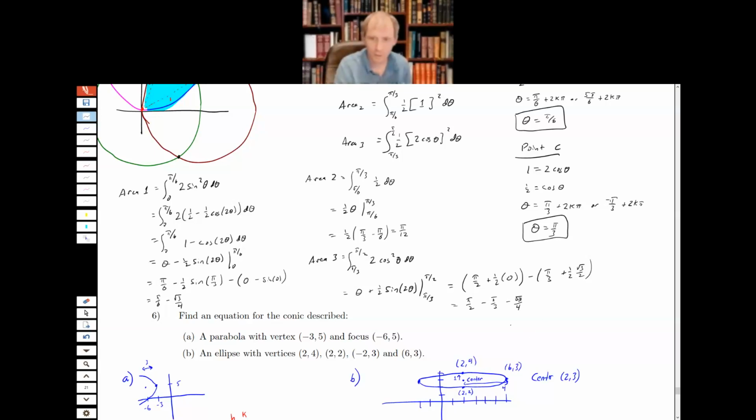Okay, so then the total area is going to be area 1, so I have pi over 6 minus root 3 over 4, plus pi over 12, plus pi over 2 minus pi over 3, which is 3 pi over 6 minus 2 pi over 6, which is pi over 6.